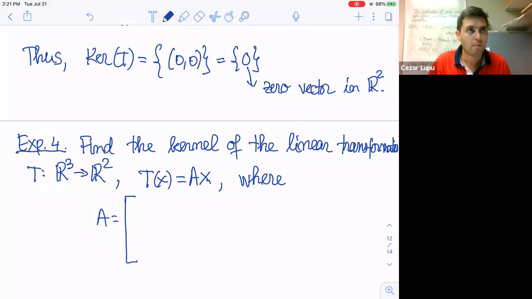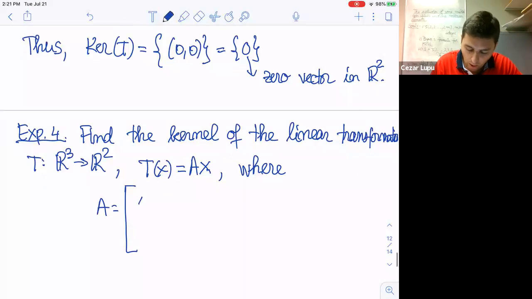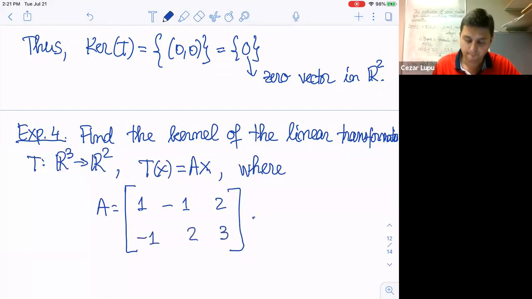All right, so okay, so my matrix A is given by the following: 1, -1, 2, -1, 2, and 3.